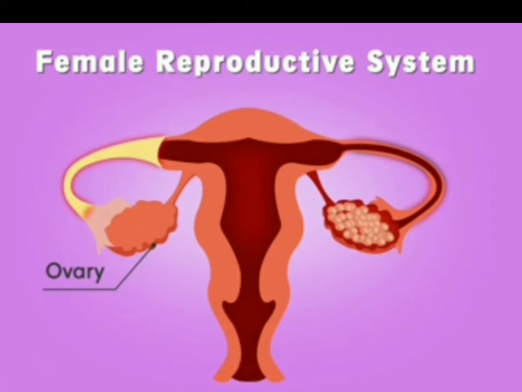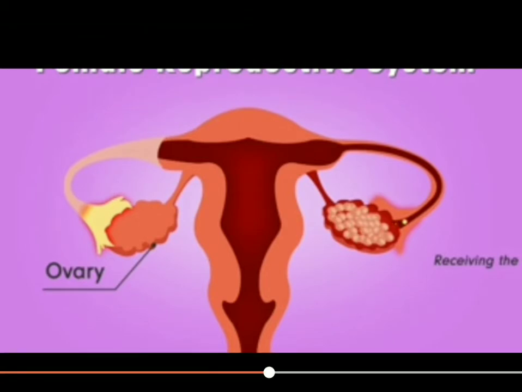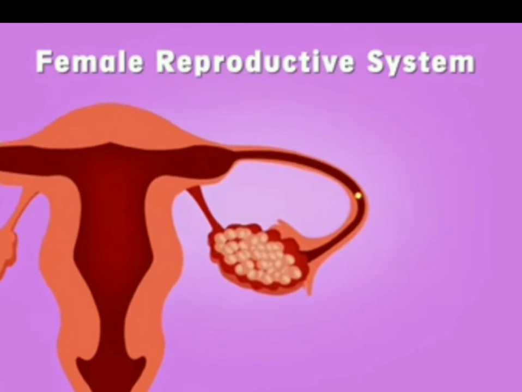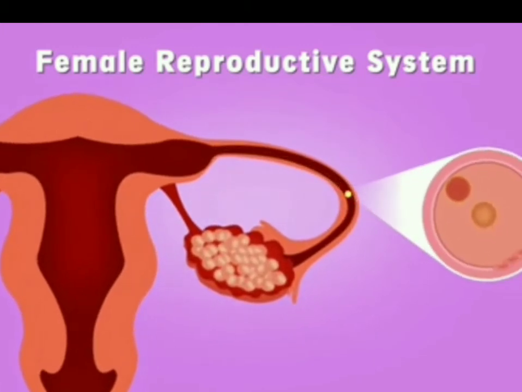It has a finger-like structure, and it is called the fallopian tubes. It is connecting the ovary to the uterus. The fallopian tube is the area of fertilization.